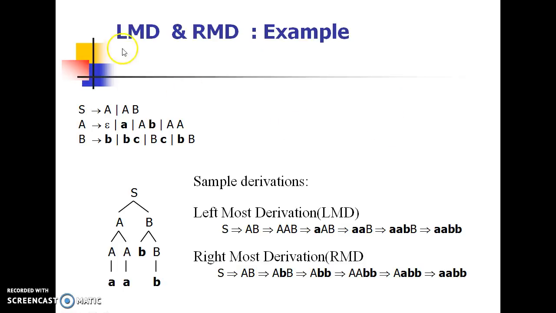This is an example for the derivation. We have a grammar with the productions as displayed here. If you want to derive the string aabb, we use either leftmost or rightmost derivation. All the other types of derivations are highlighted.